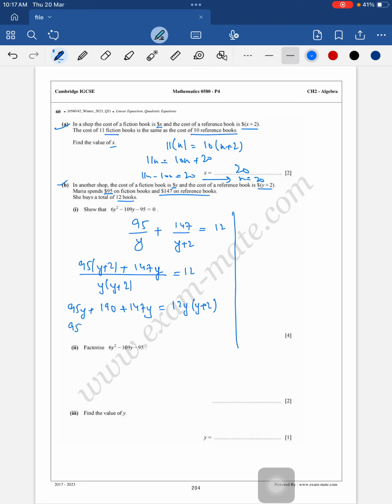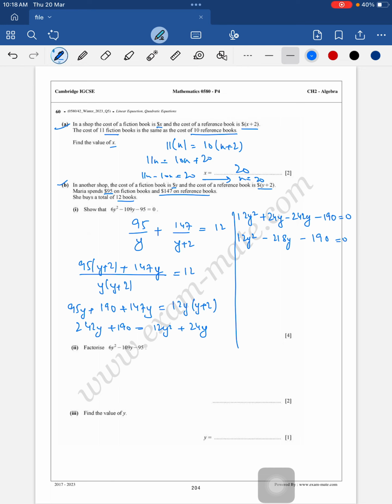That is 95y plus 147y, 95 plus 147 is 242y, plus 190 is equal to 12y square plus 2 into 12 is 24y. Now 12y square plus 24y minus 242y minus 190 is equal to 0, which implies that 24 minus 242 is minus 218, so 12y square minus 218y minus 190 is equal to 0.